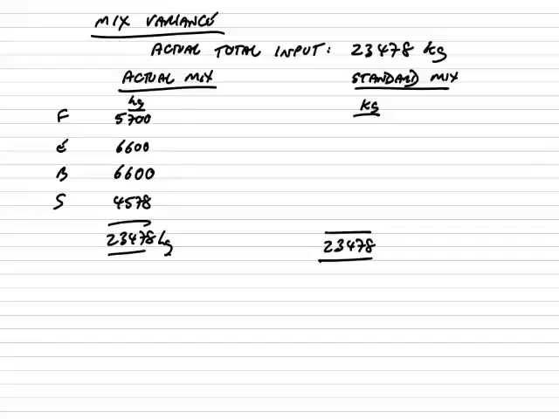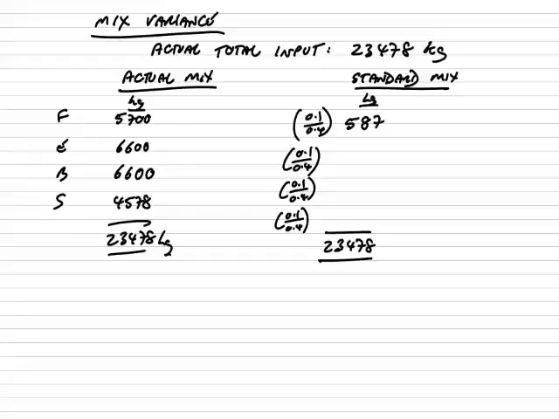For every 0.4 kilos, a fraction 0.1 out of 0.4, or a quarter, should be flour. Similarly, eggs, butter, sugar. If we'd mixed it the right way, then a quarter would be each ingredient, and a quarter is 5,870. I'm not going to worry about 0.5, and so already there is a little bit of rounding.